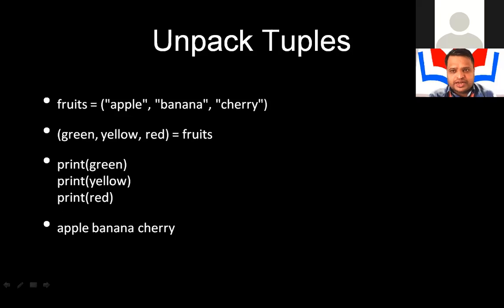In this particular example, you can notice apple, banana, and cherry. All these belong to the tuple named fruits. If I want to extract apple, banana, and cherry, or in general the elements of the particular tuple.